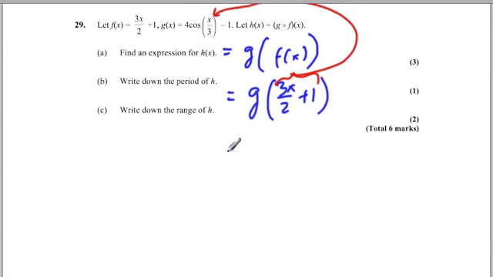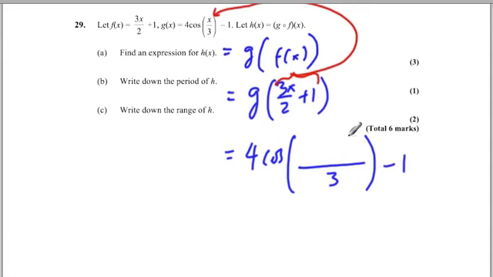So what this equals is then 4 cos something over 3 minus 1. And this something over here is really just, we're going to replace that x with the argument over here. So I'll just write this in red, just so it's clear. It's 3x over 2 plus 1. We're just replacing the x over there with 3x over 2 plus 1.